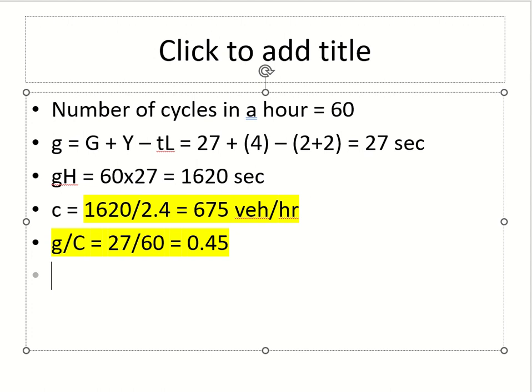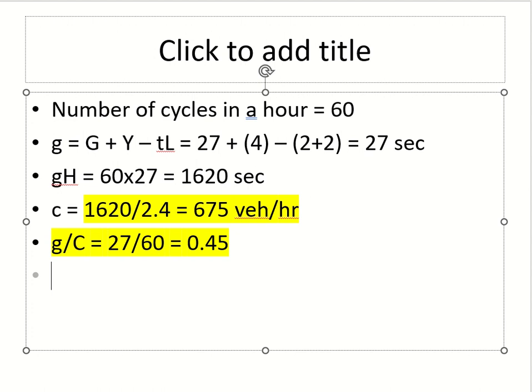How do you know that? Which equation? The equation says 3600. The minimum headway. During effective green time, the vehicles move at saturation headway, and when the vehicles move at saturation headway for 1 hour, you get saturation flow rate.